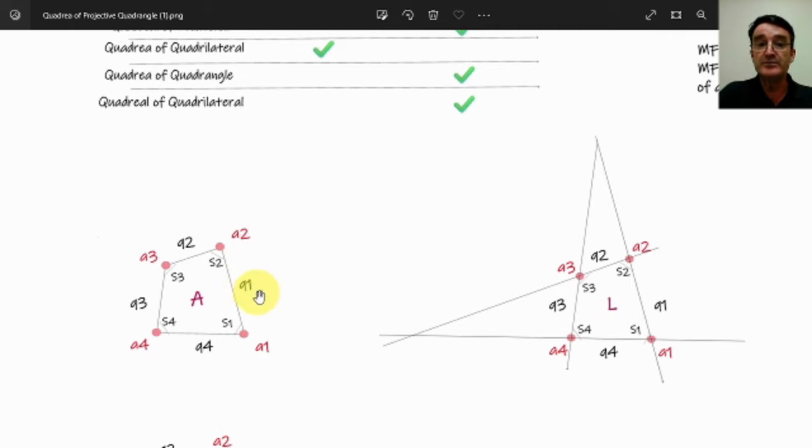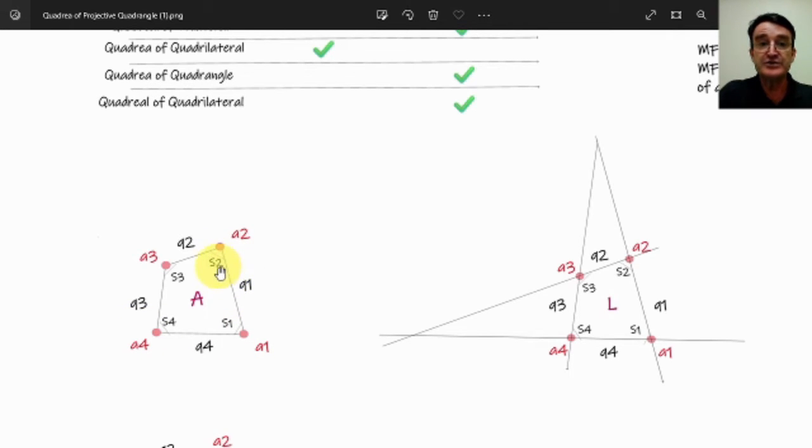Q1 is the quadrance between A1 and A2. Q2 is the quadrance between A2 and A3. Q3 is the quadrance between A3 and A4. And Q4 is the quadrance between A4 and A1. S1 is the spread between the line A1A2 and the line formed by A1 and A4.